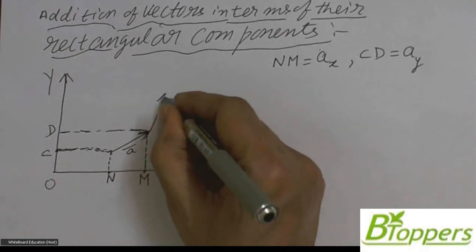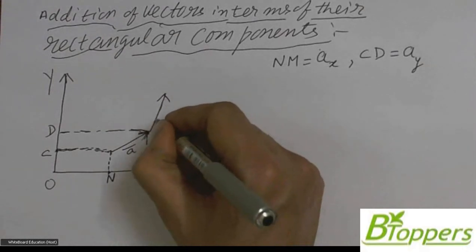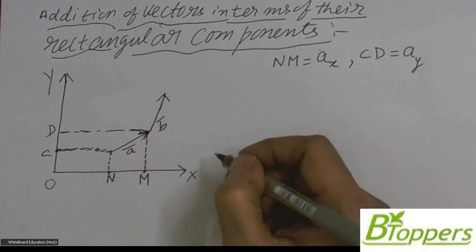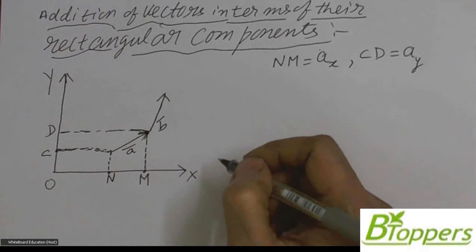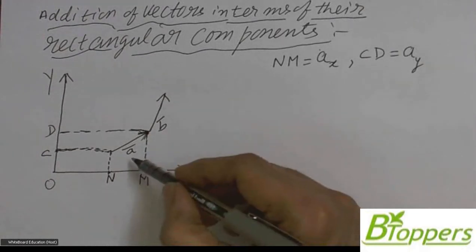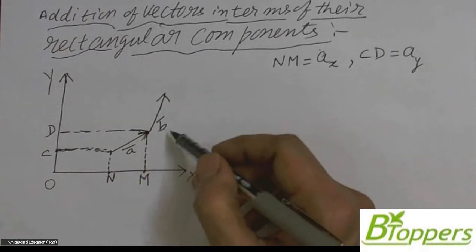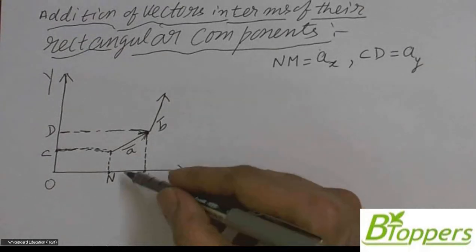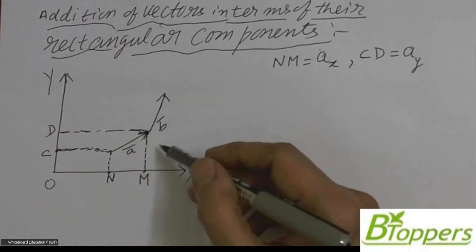Let us suppose another vector b bar also lies in the xy plane. Both the vectors a bar and b bar correspond to the same physical quantity.